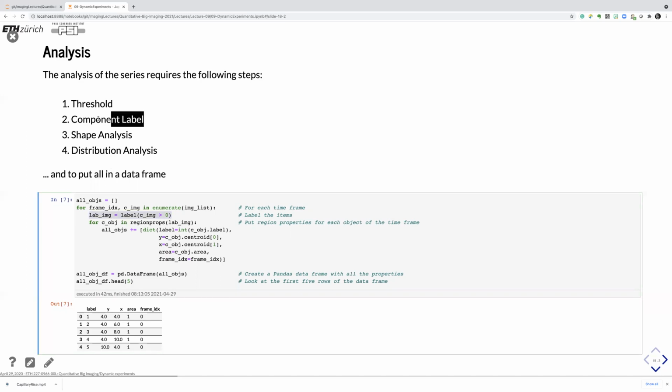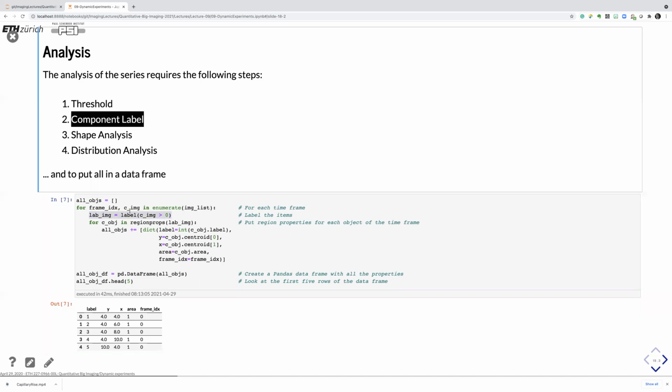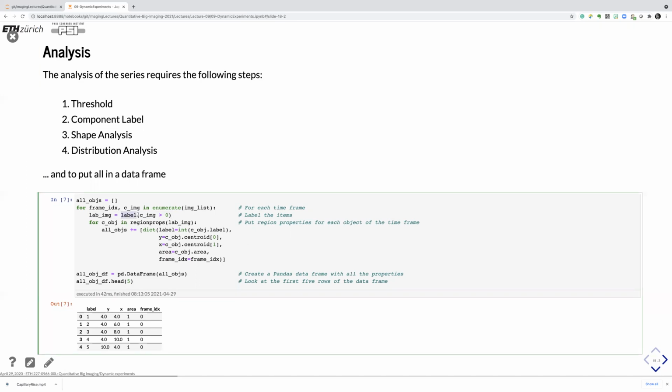And next one would be to do component labeling, which we also do in the same line. So here we do labeling and thresholding in a single execution. Next, we want to compute some properties about the image, and measuring centroids and area from this.